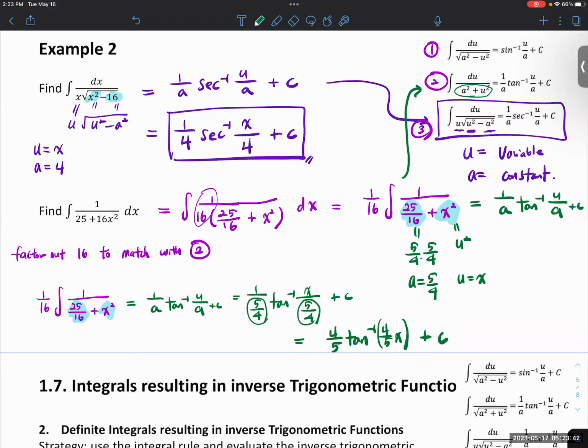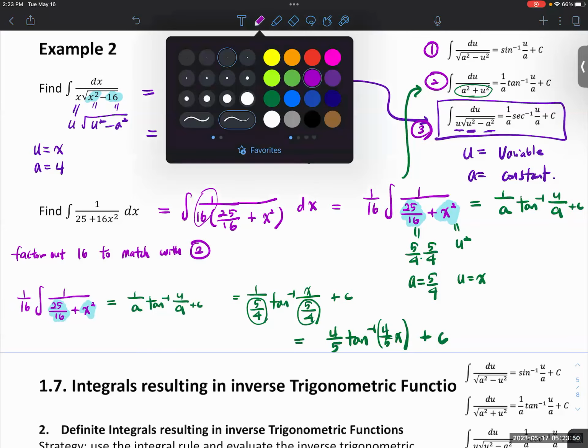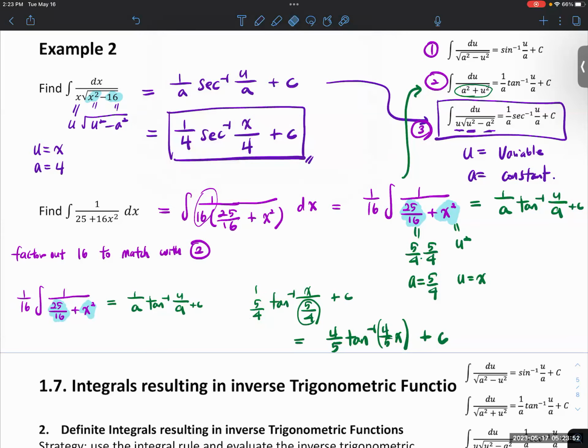Does it make sense to you? And then I forgot something here. If you remember, we have a 1 over 16. So here I still have 1 over 16 right there. If I keep multiplying by 1 over 16, we flip over and they're going to cancel.